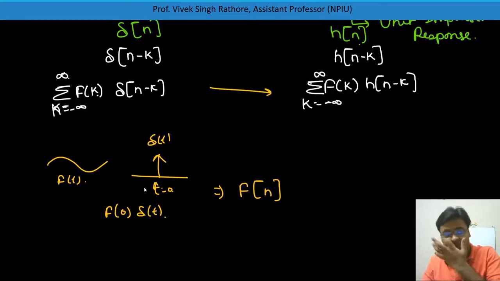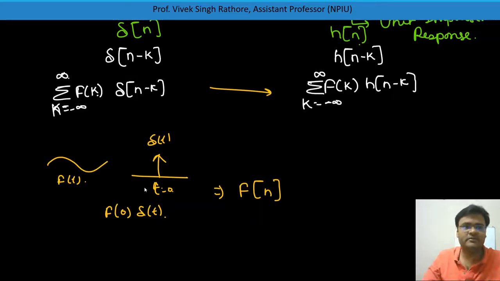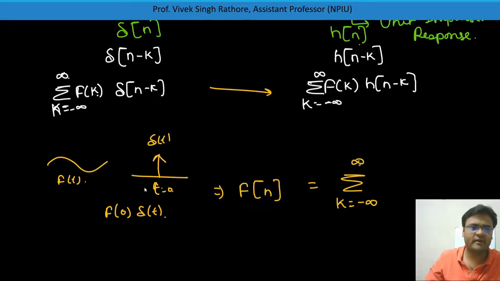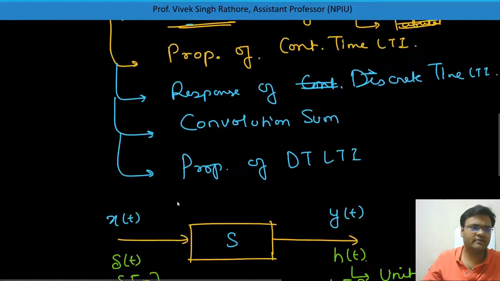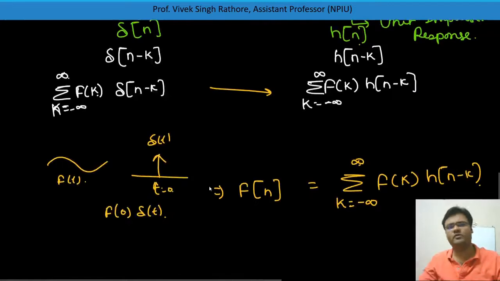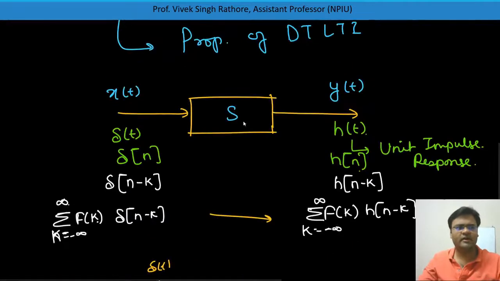So in general, f of n will be the response of a discrete time LTI system for input, the sum over k equal to minus infinity to infinity of f of k h of n minus k, basically this. Because as you know, this is a system where we are taking only the unit impulse response, so it will be one only.